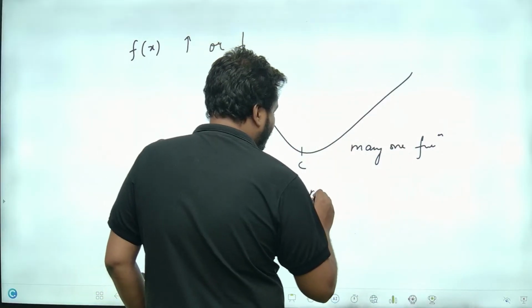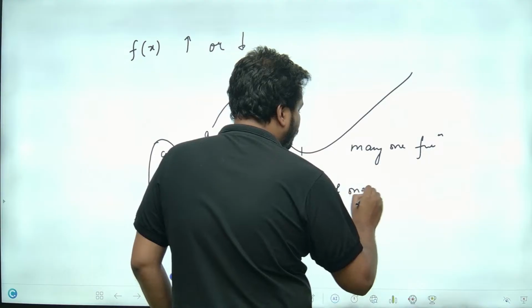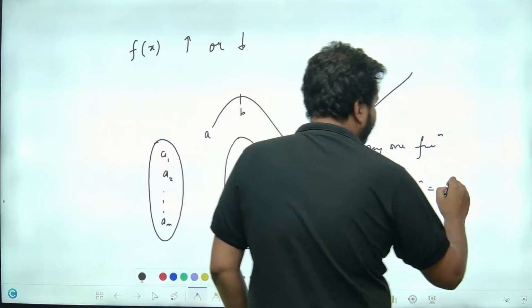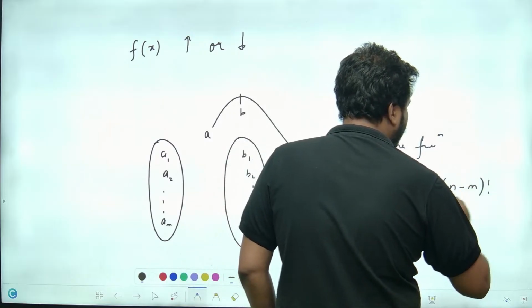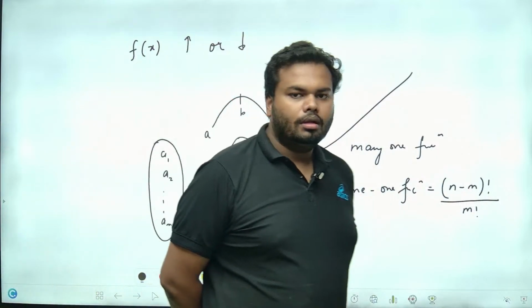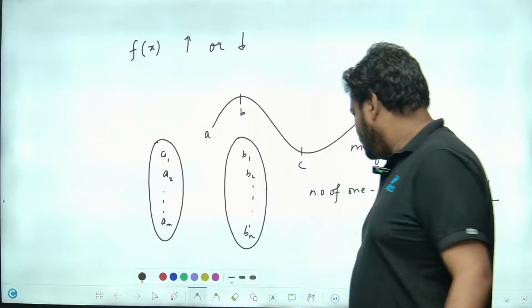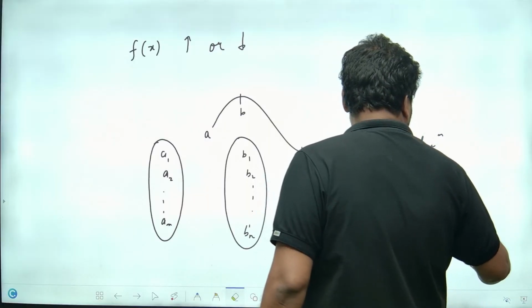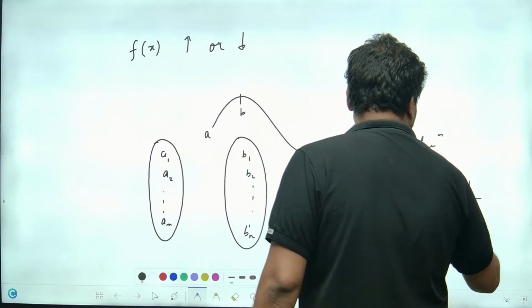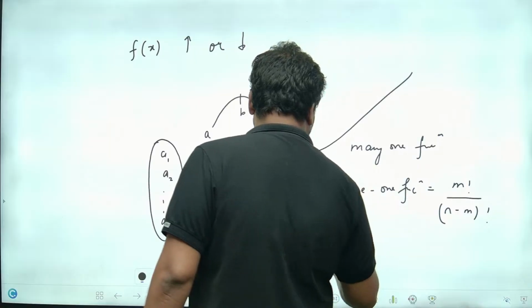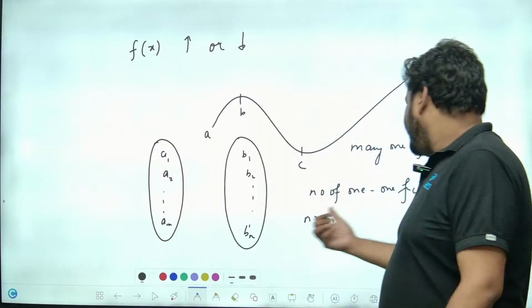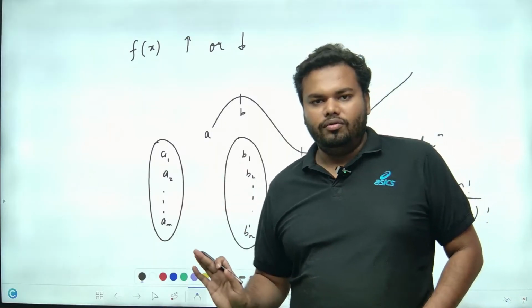So here the number of one-one functions is n factorial upon n minus m factorial. Here n is greater than m. For m greater than n, there will be no one-one function.